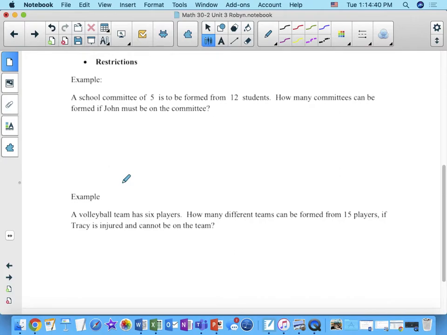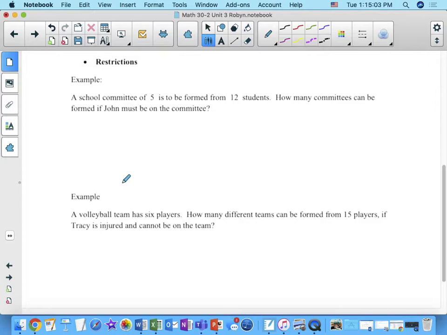Time to add in some restrictions. Here's an example. A school committee of 5 is to be formed from 12 students. How many committees can be formed if John must be on the committee?